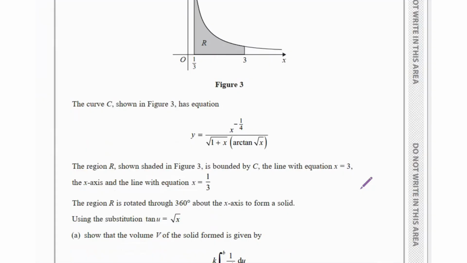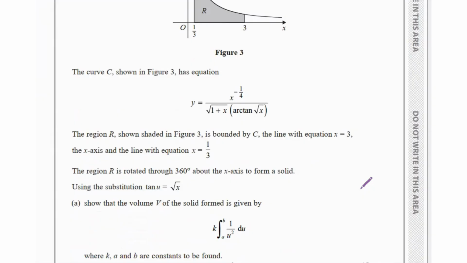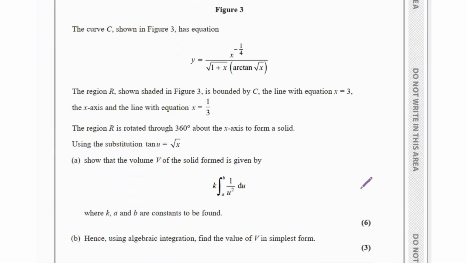The region R is rotated through 360 degrees about the x-axis to form a solid. Using the substitution tan u equals root x, show that the volume V of the solid formed is given by k times the integral of 1 over u squared du from the limit of a to b, where k, a, and b are constants to be found. And then we have to use algebraic integration to find the value of V in simplest form.